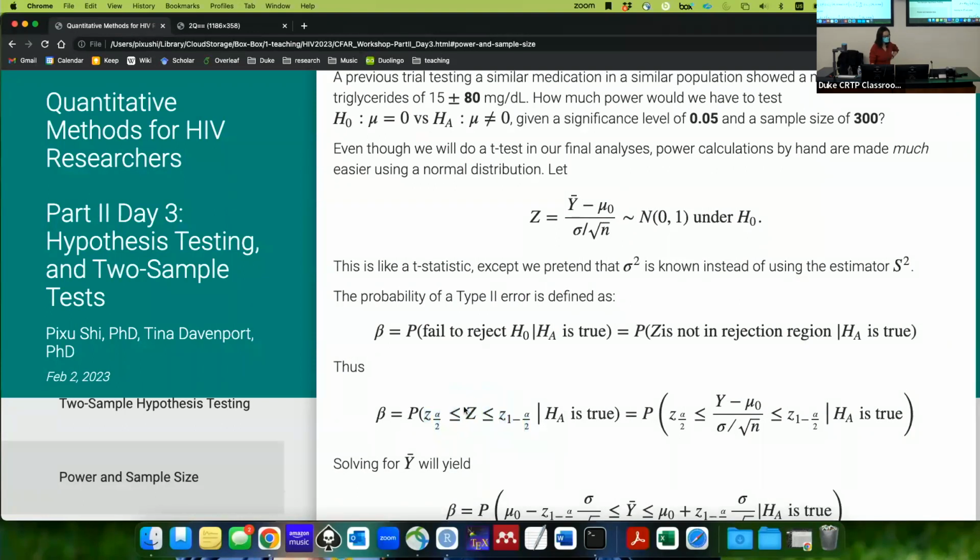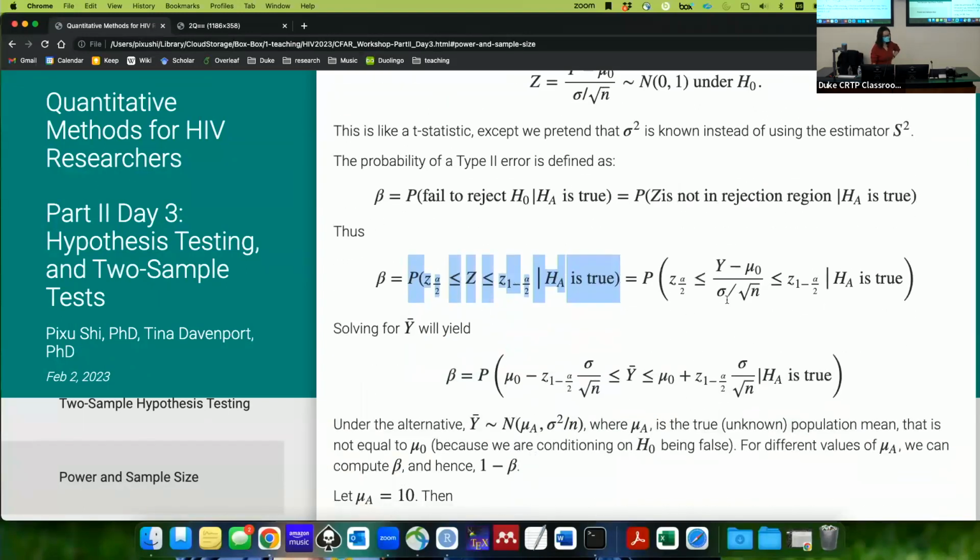Your z-test is between -2 and 2. So this is the event of not rejecting the null, and this is when the alternative is true. So conditional on the alternative being true, not rejecting the null is making a type 2 error. This probability is the probability of making a type 2 error.